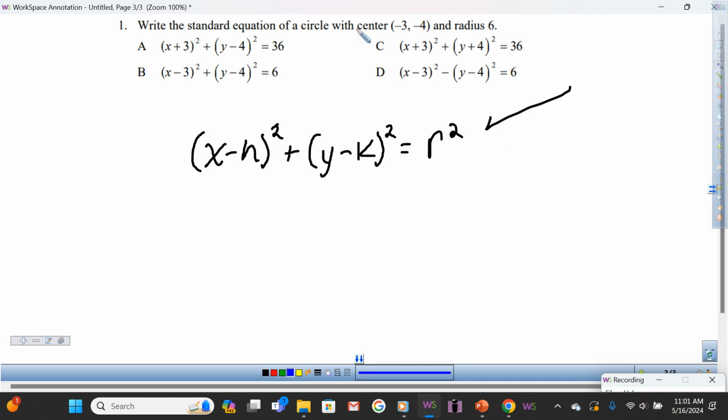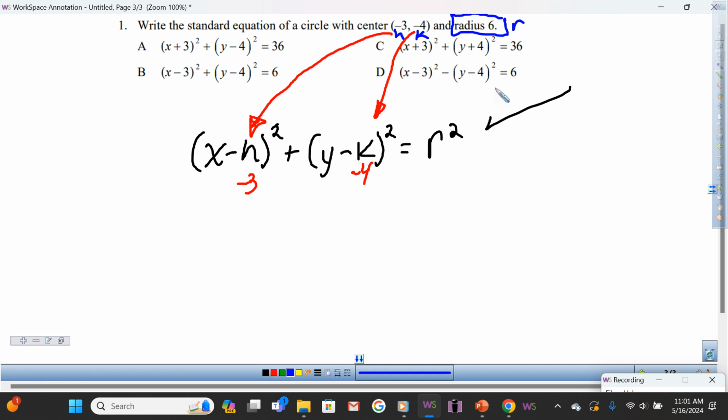So with that said, look up. After you write this down, look at the center, and you're going to label this h and k. And of course, the radius is already 6. You already have that label. This is our r. And all we have to do is substitute. You bring the -3, substitute in here, -3. And the -4 substitutes over here, -4.